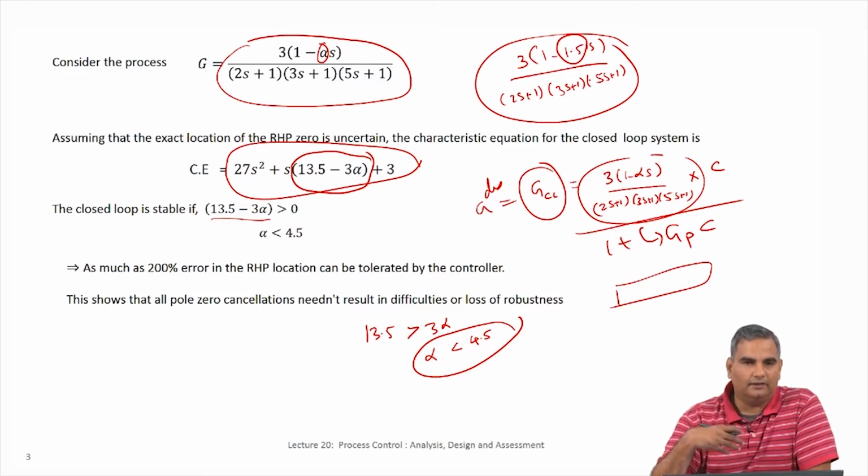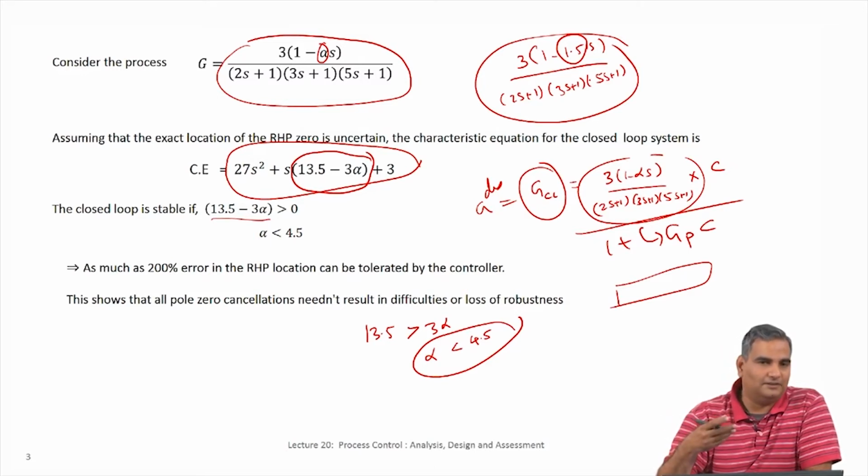And then we also discussed whether the pole zero cancellation will have any effect, and I showed here that you could grossly misestimate the RHP zero and still stability problems will not be there. Clearly performance comes down to two factors. The first factor is actually the difficult to control dynamics, which is the inverse response, because of which we made some allowances in our G desired itself, that is number 1.